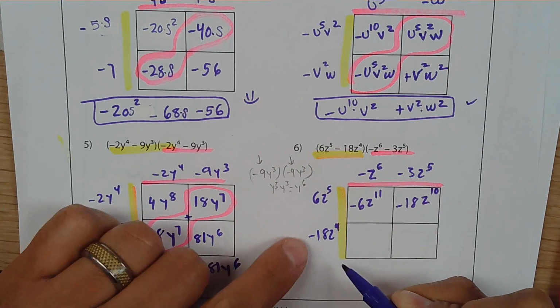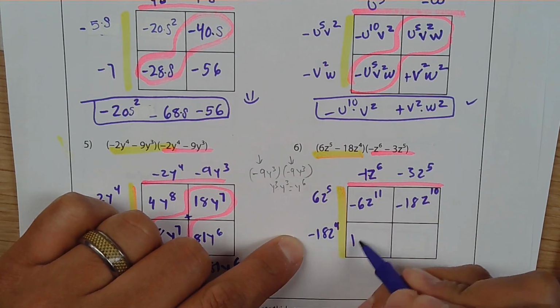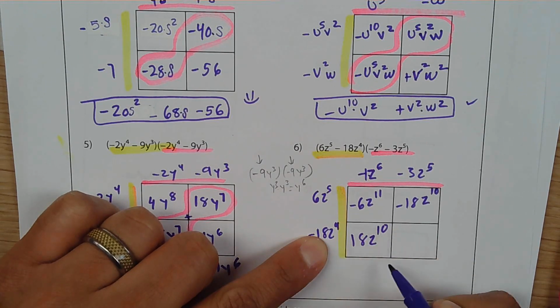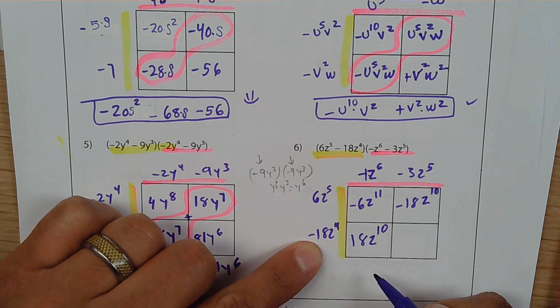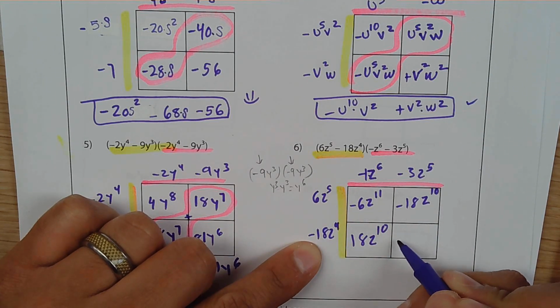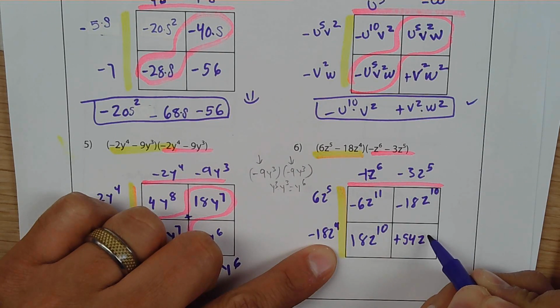This is a hard one. Negative 18 times negative 1 will be positive 18z to the 10. And then negative 18 times negative 3 will be positive 54z to the 9.